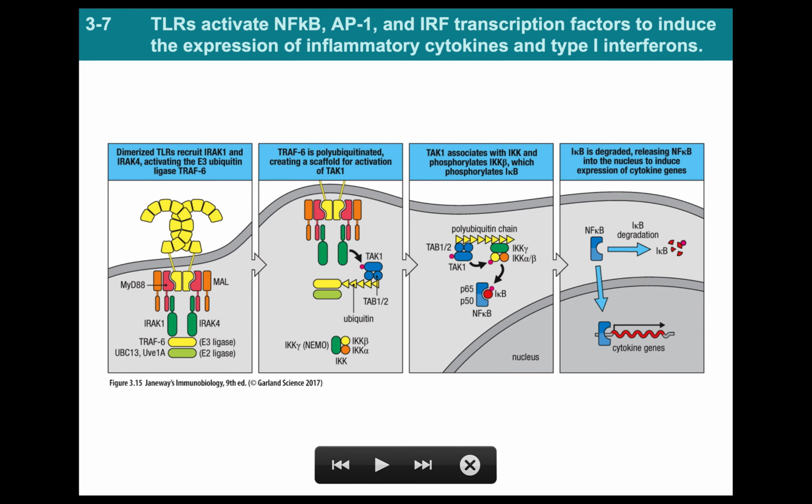So this is how cytokines are going to get made, and then cytokines are going to signal through those toll-like receptors. Once I kappa B is phosphorylated, it's actually marked for degradation, and it breaks down really fast, and that's what frees up NF kappa B to go into the nucleus. So that is the process.